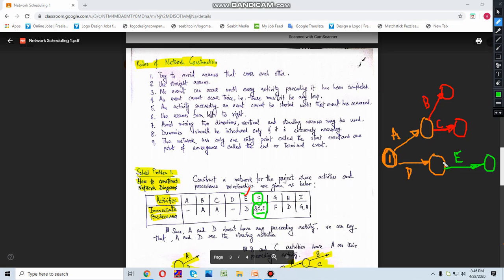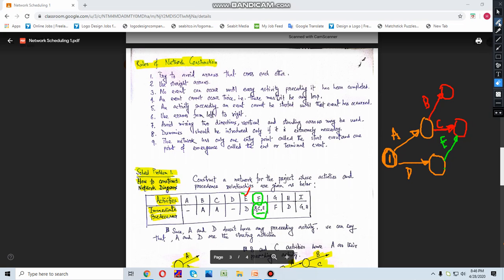We are going to merge this E here. So here we can see that C and E are now getting merged to a single event. Okay, so this is the thing we can do till now.